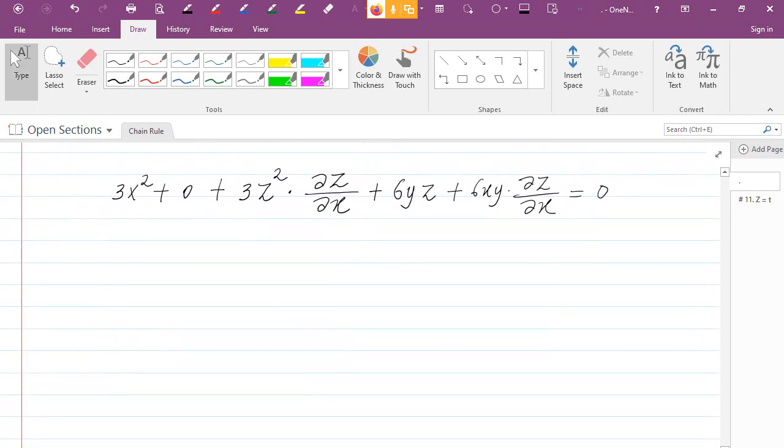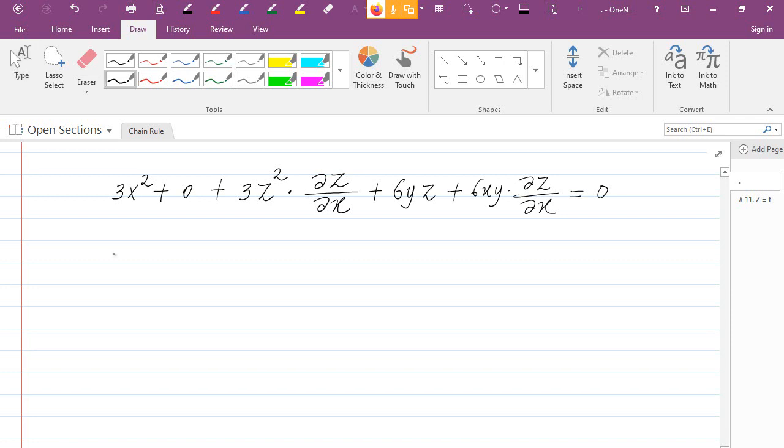Once I have this, now I have to solve for the partial of z with respect to x, which means I have to isolate that on the left. Any term that doesn't have the partial derivative of z, we're going to move to the right.